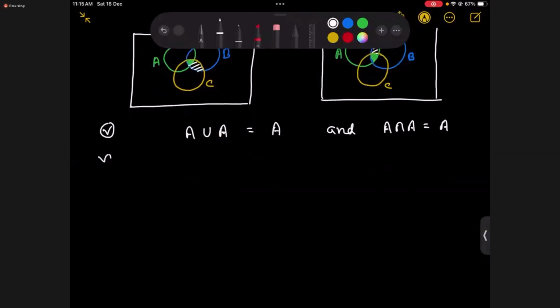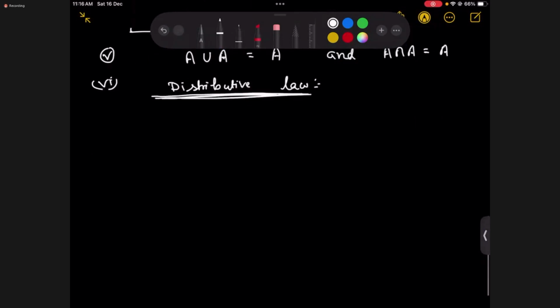Now come to the distributive law. A intersection (B union C) equals (A intersection B) union (A intersection C).